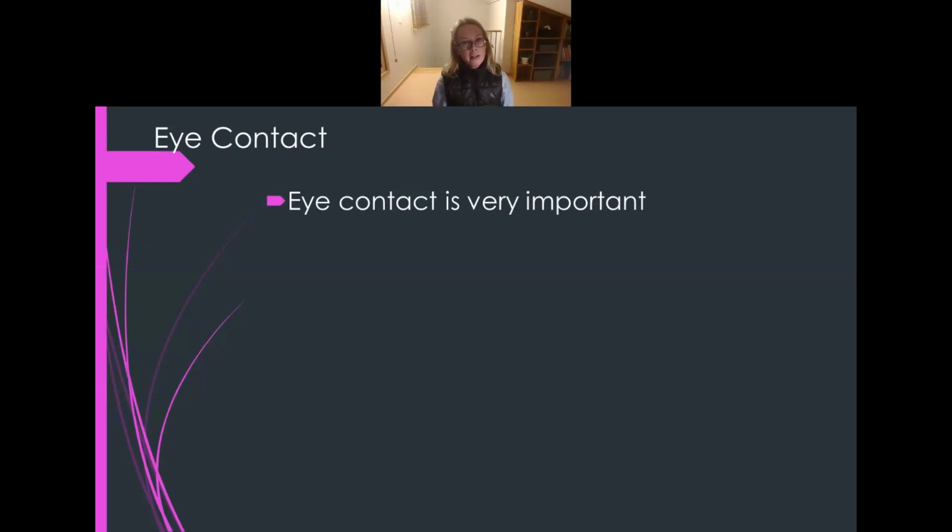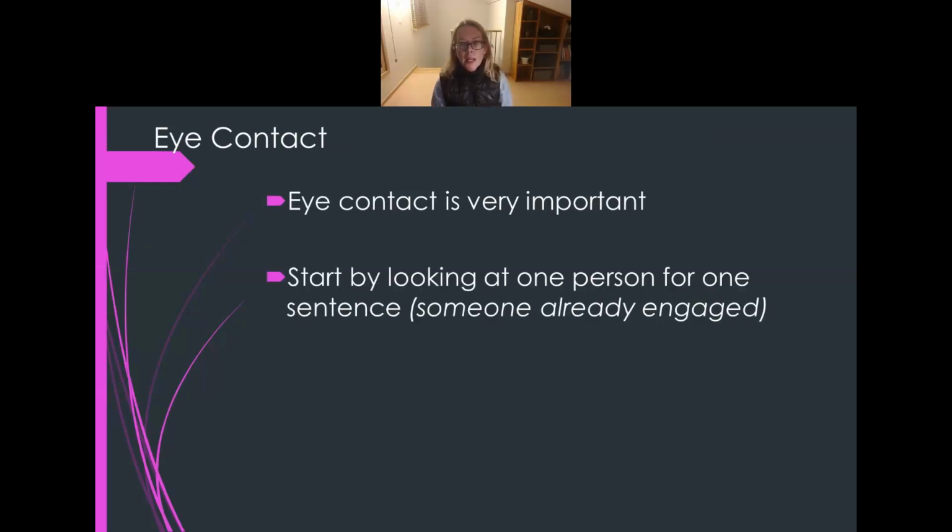Okay, so again, eye contact is very important. You can start by looking at one person for one sentence, and that person's already engaged, and then move on to another person, and then another person. That way you can make eye contact with everybody and make sure everybody's listening. So just repeat with a new person.